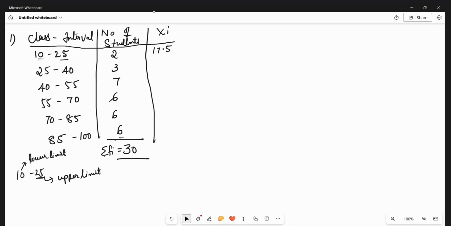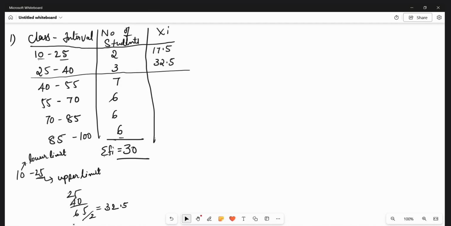Next, 25 plus 40 is equal to 65. 65 by 2, 32.5. Correct? Another thing, width of the class interval. Width of the class interval means the upper limit minus the lower limit.